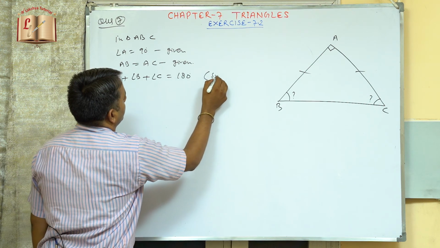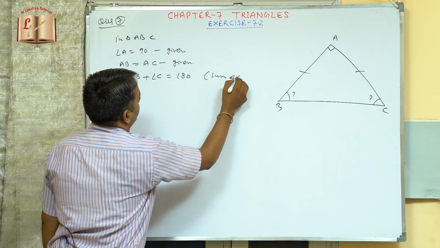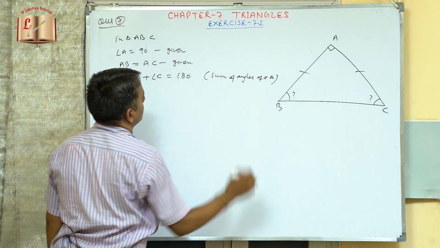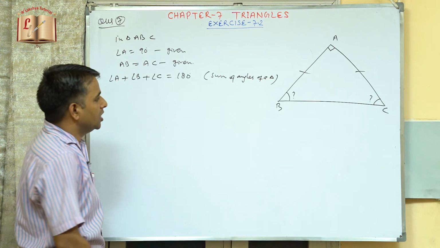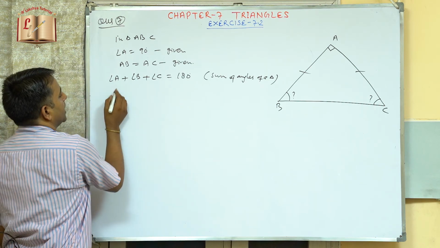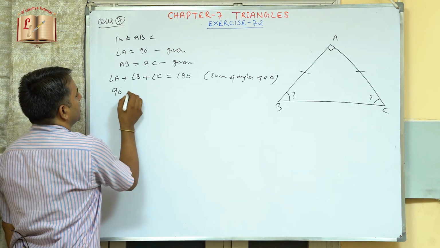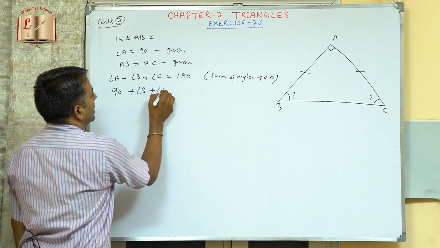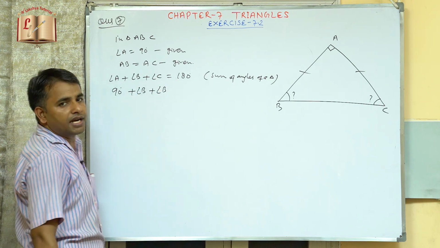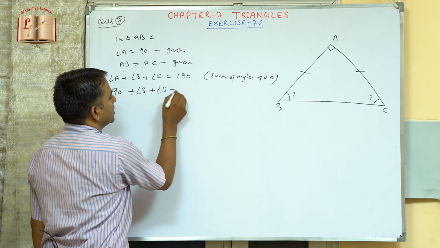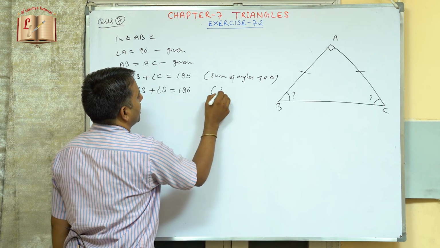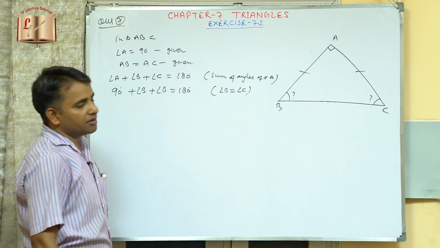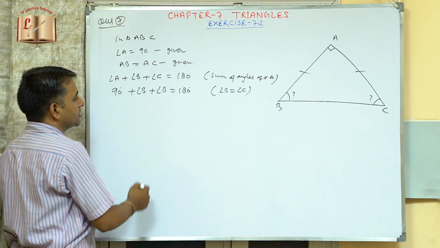This is the sum of angles of a triangle. Angle A is 90 degrees, already given to us. Angle B plus angle B, because B and C both are equal, is equal to 180 degrees. I can write angle B is equal to angle C because ABC is a right isosceles triangle.